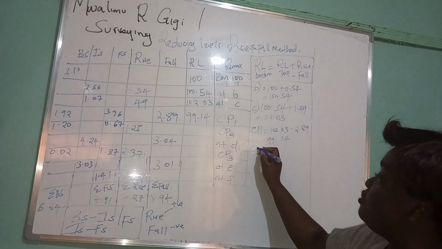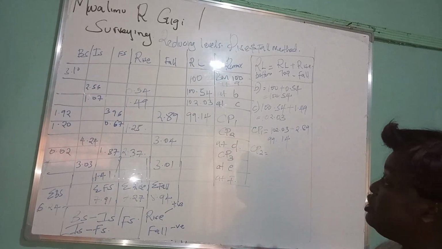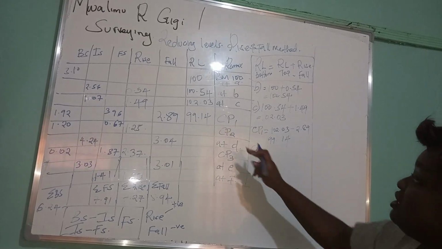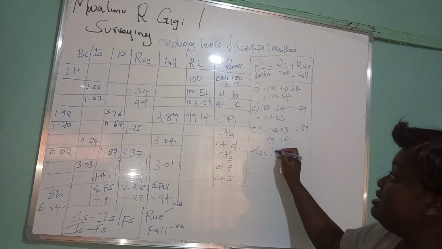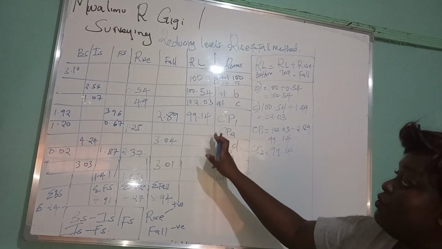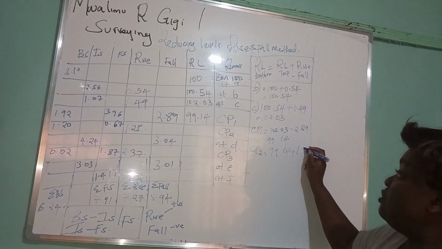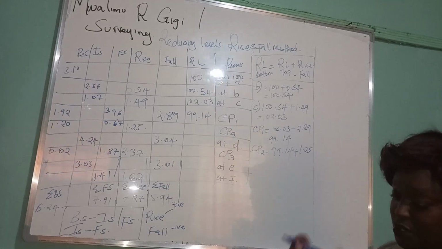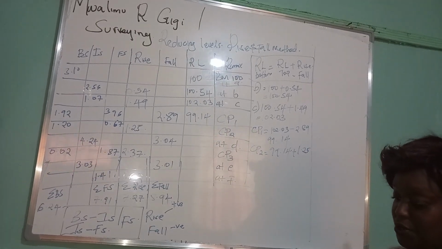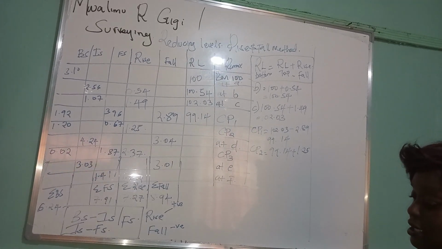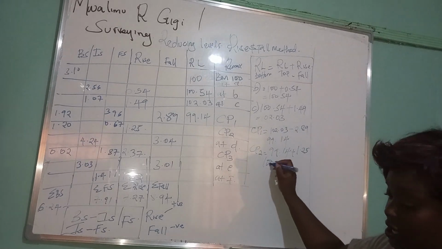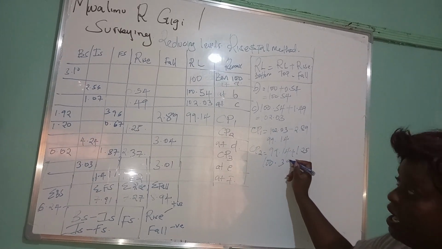So at change point 2, we have the reduced level at the top as 99.14, and we have a rise of 1.25. So plus 1.25, which is 100.39.